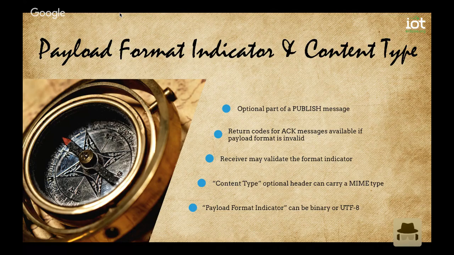And with the payload format indicator and the content type, these tools could adjust their settings automatically based on the messages they receive and give the user meaningful representations of this data. So again, I think this is a very interesting feature, and it is not a very prominent feature, but it may save developers a lot of time debugging applications.